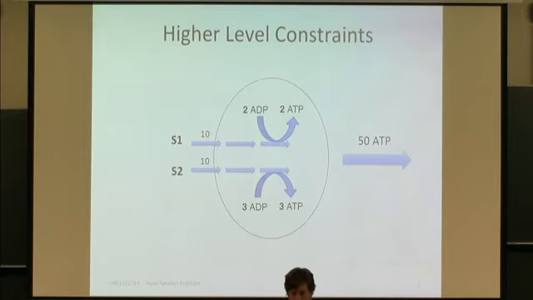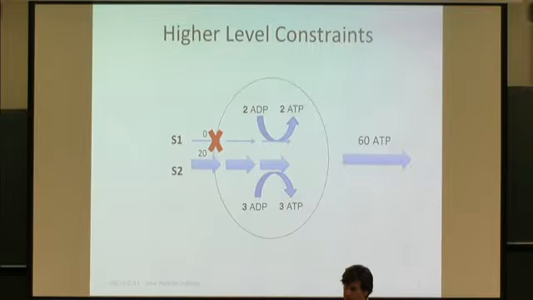However, it is quite easy to see that the upper pathway doesn't really make sense in this scenario, because if you have both substrates unlimited available, then you could replace all the enzymes that are required to run this upper pathway, or the space, the ribosomes you need to synthesize these enzymes, whatever these resources that the pathway needs, you could just replace them with this other pathway, and you would go to 60 ATP, because you have now basically optimized your space available in the cell and your resources to maximize the ATP production.